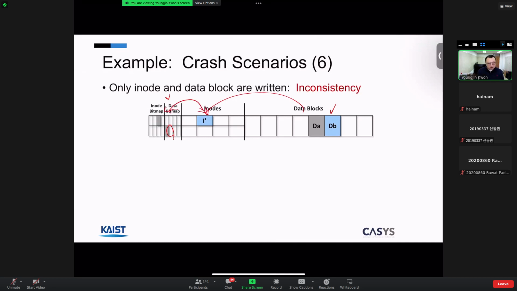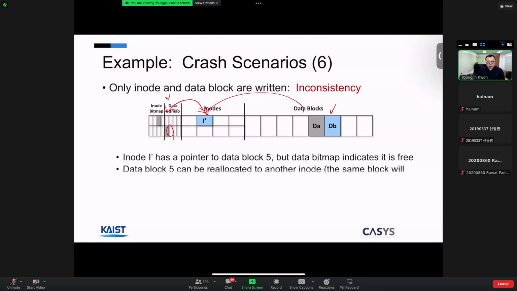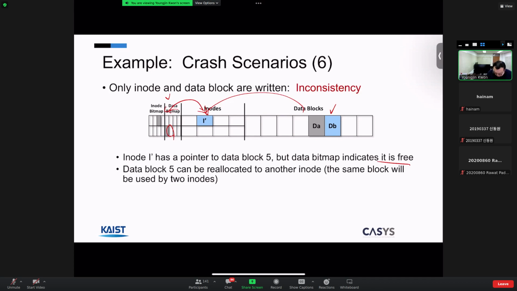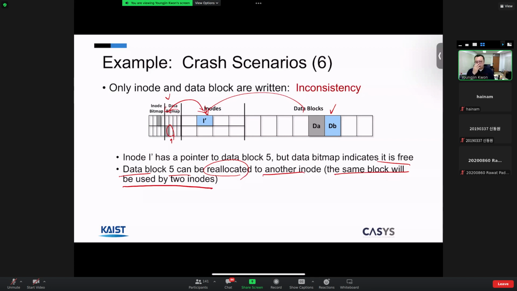What are the possible consequences? The inode has a pointer to data block 5, and the bitmap indicates it's free. So data block 5 can be reallocated. The file system sees that this block is not allocated, so the same block will be used by two different inodes. So there is inconsistency.